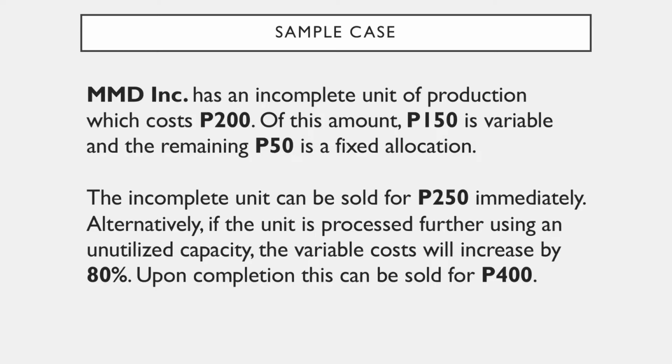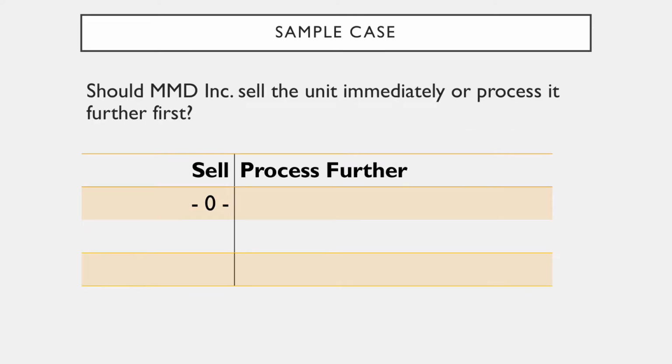Alternatively, if the unit is processed further using an unutilized capacity, the variable cost will increase by 80%. Upon completion, this can be sold for 400 pesos. Should MMD Incorporated sell the unit immediately or process it further first? So let us do our analysis.